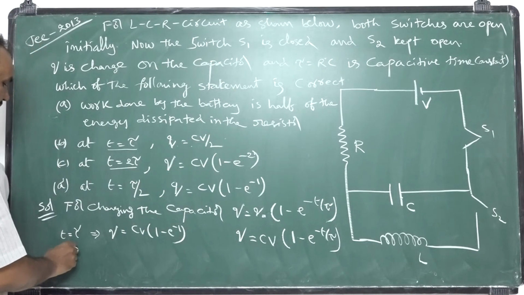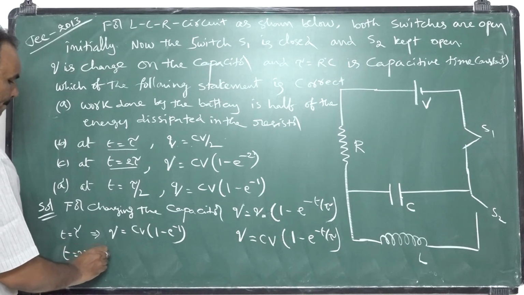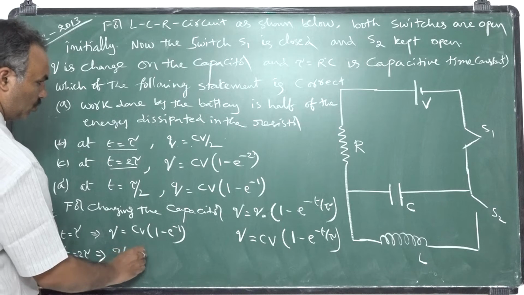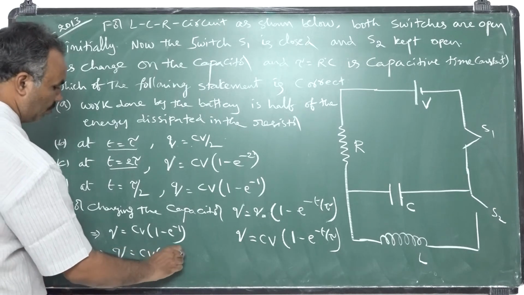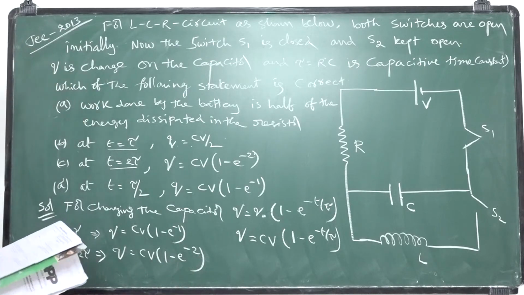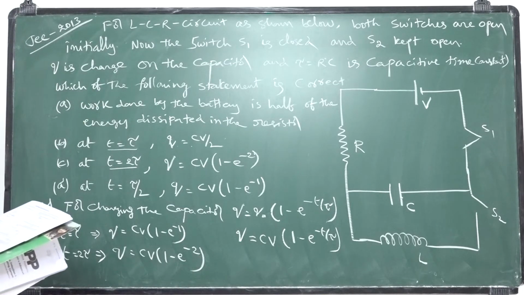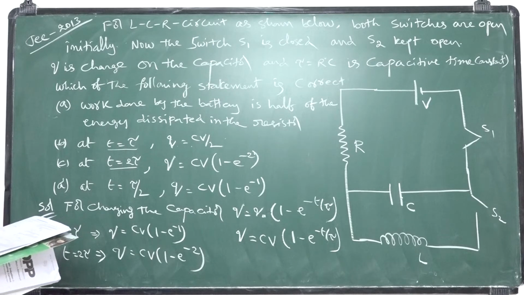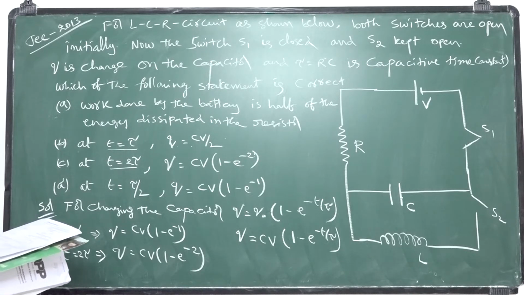Similarly, if I take t is equal to 2 tau, Q is equal to CV into 1 minus e power minus 2. In the place of t, I took 2 tau by tau. Tau gets cancelled, e power minus 2.